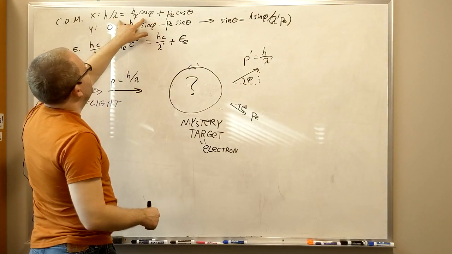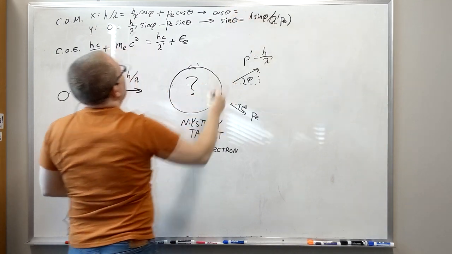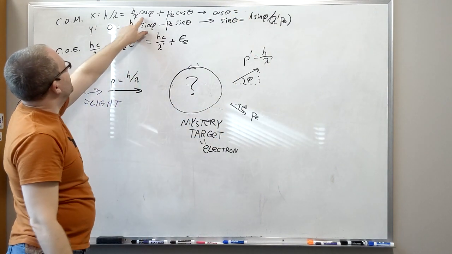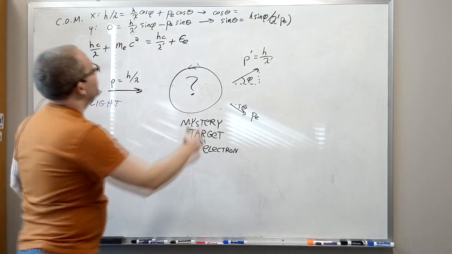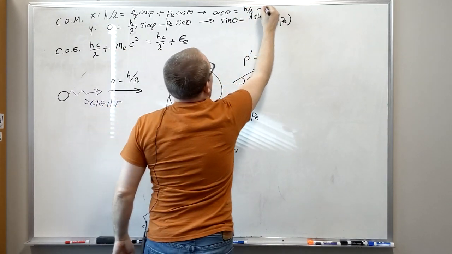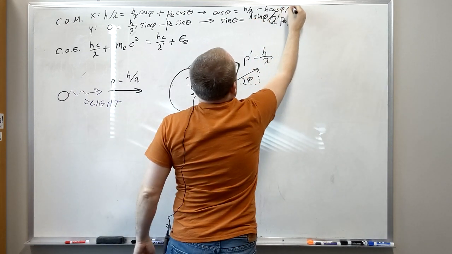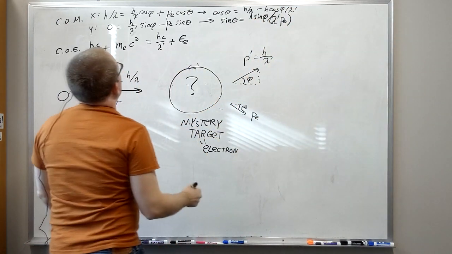I can also take this equation and solve it for cosine theta. So for my cosine theta, first we'll subtract this over to the other side. So I'll have an h over lambda minus an h cosine phi over lambda prime.